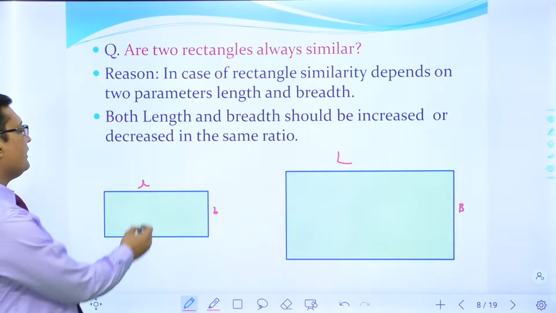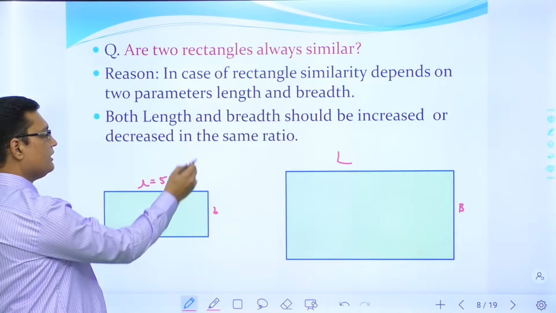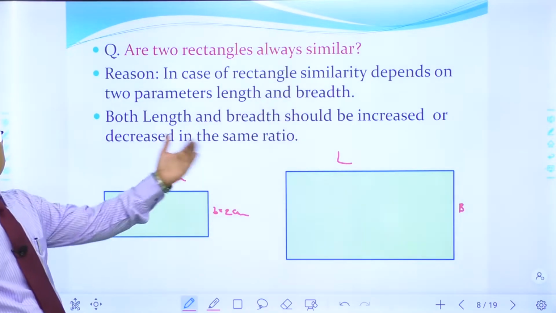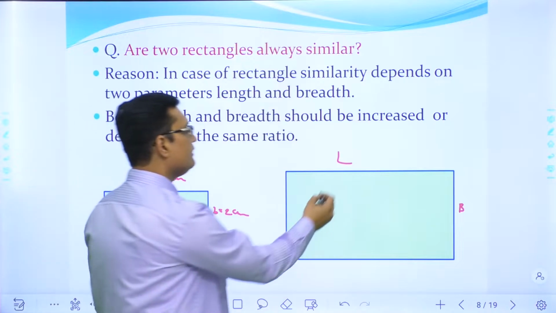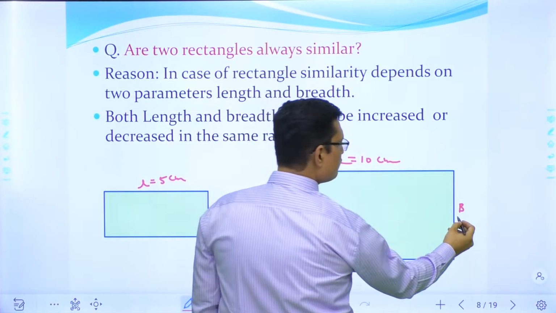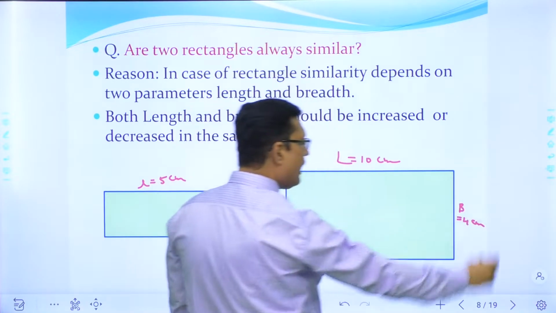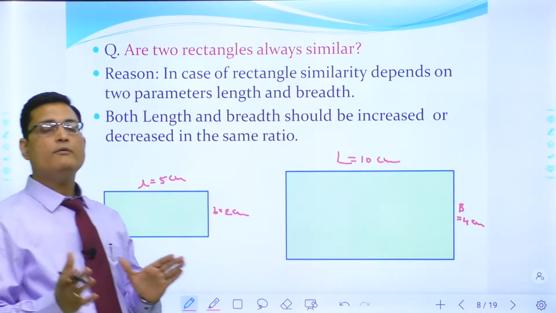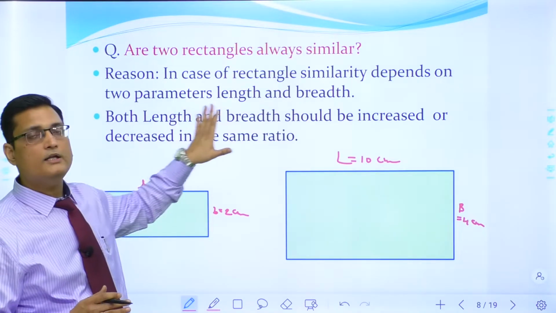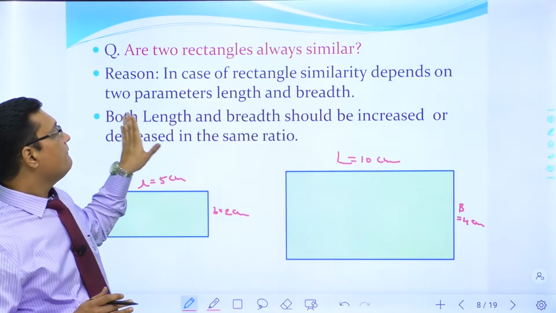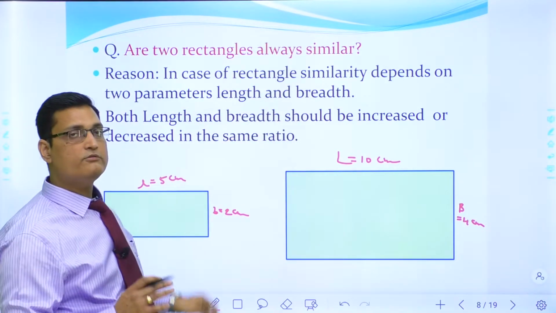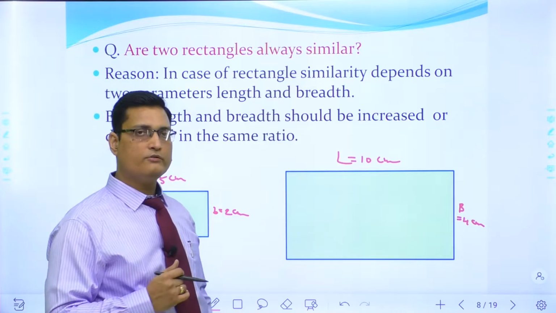For example, I am taking length as 5 centimeter and breadth as 2 centimeter. In another rectangle, length is equal to 10 centimeter and breadth is equal to 4 centimeter. If you give me this condition, then we can say that the rectangles are similar. The reason is that both length and breadth should increase or decrease in the same ratio. Now understand what the same ratio is.